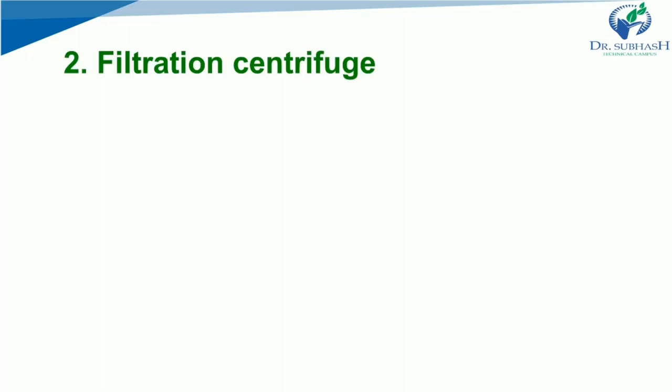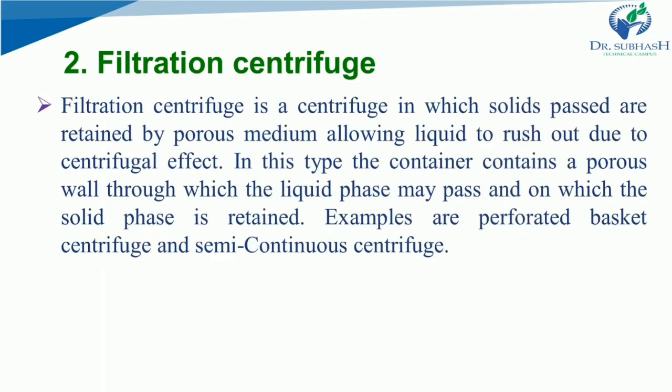The first one we saw was sedimentation, but the second is the filtration centrifuge. A filtration centrifuge is one in which solid parts are retained by a porous medium, allowing liquid to rush out due to centrifugal effect. The container has a porous wall through which the liquid phase may pass and on which the solid phase is retained.